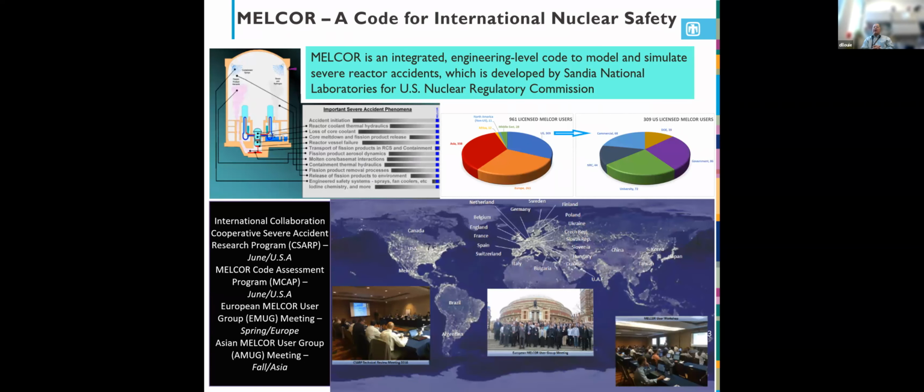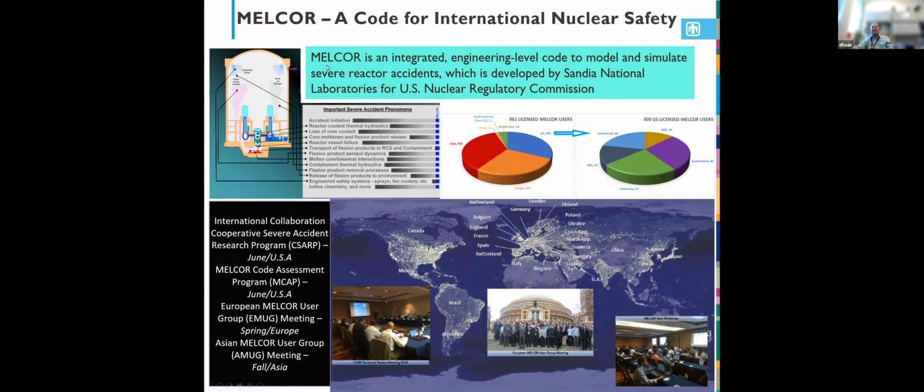So MELCOR is a nuclear safety code. Here is an advertisement for it as a code for international nuclear safety. MELCOR is an integrated engineering-level, system-level simulation code for severe accidents, which was developed at Sandia more than 30 years ago for the U.S. Nuclear Regulatory Commission. In this diagram you see a PWR typical severe accident.